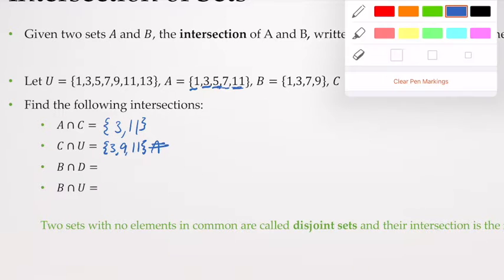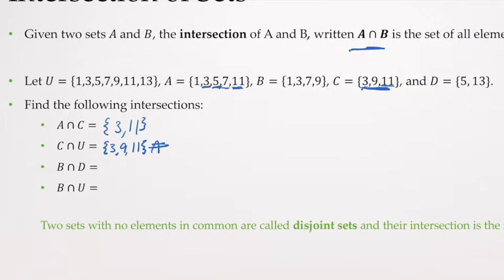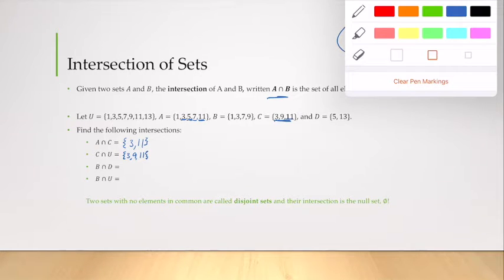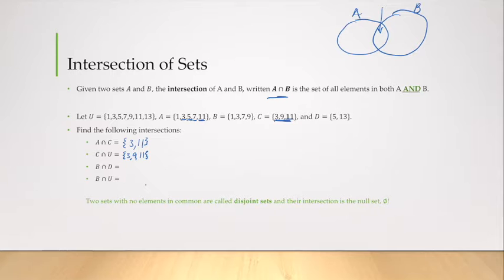And that's something to keep in mind, that if I take a subset of the universal set and I intersect it with that universal set, I'm just going to get that subset back itself.